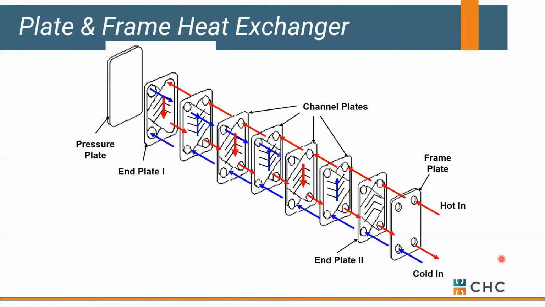So you're setting up some counterflow. Notice hot water is flowing down, cold water is flowing up, and in this case, the cold water is sandwiched between two hot plates. Okay? So hopefully that helps as far as how that works internally to a plate and frame.